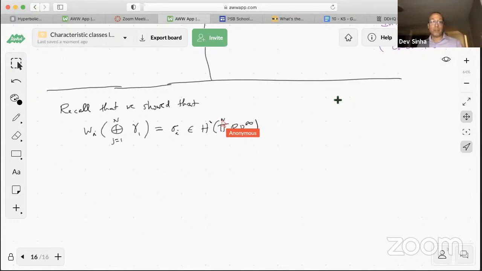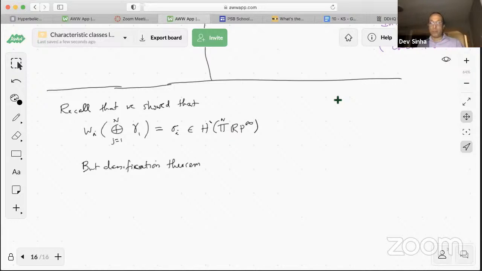So we've got these elementary symmetric polynomials, but by the classification theorem, and we proved this, what I just stated was a straightforward application of the Whitney sum formula. You look at the total Stiefel-Whitney class of gamma 1, it's just 1 plus x_i, the generator of the ith product factor of an RP infinity.